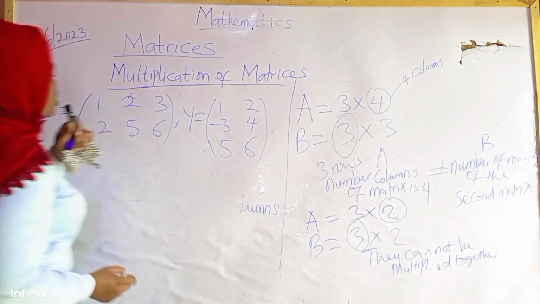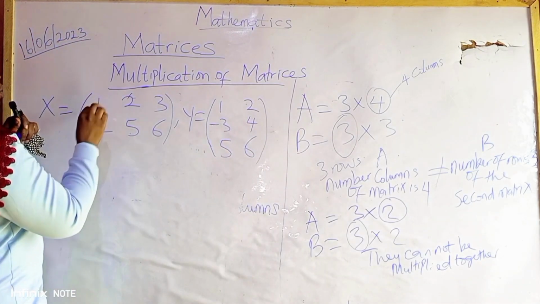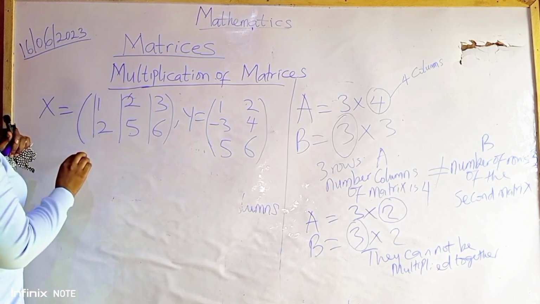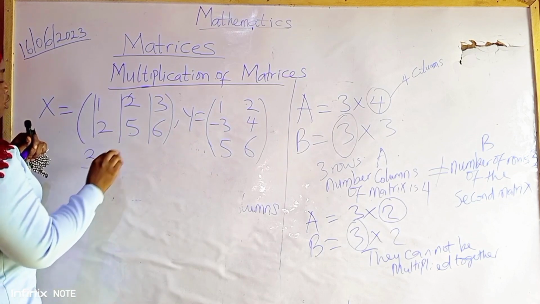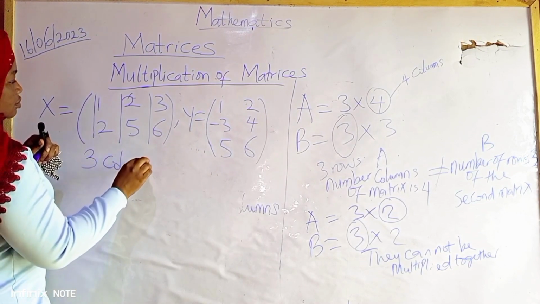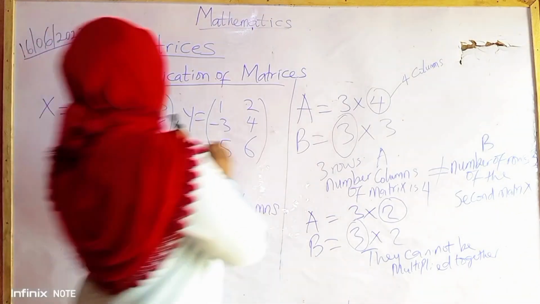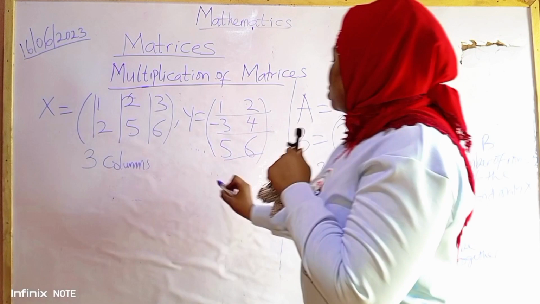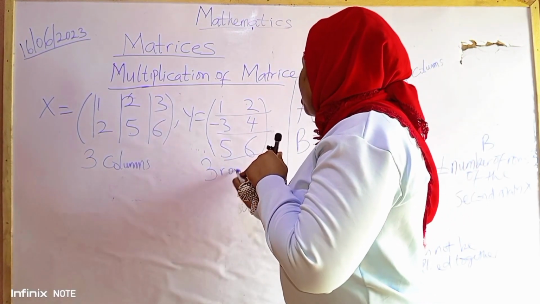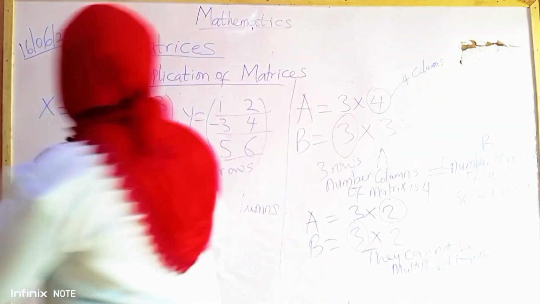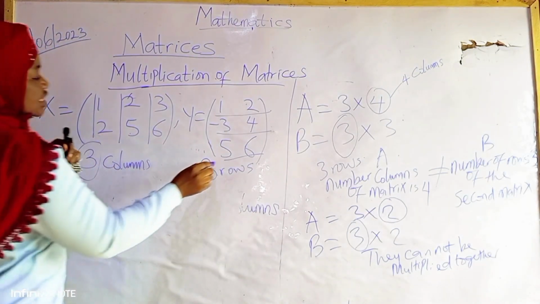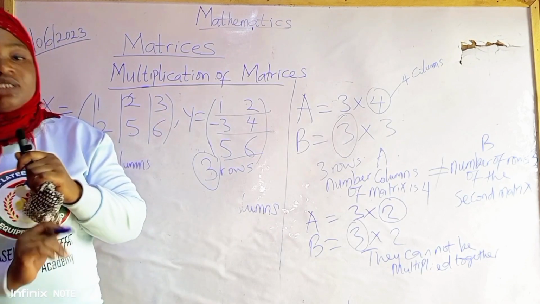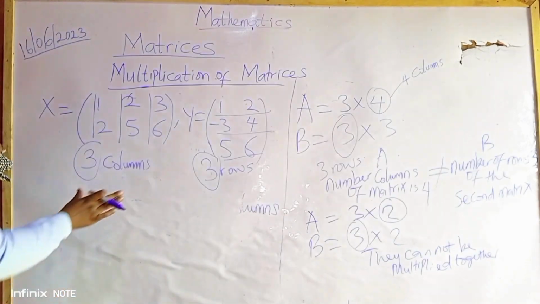The first thing you are going to check is what is the column of this one? 1, 2, 3. It has 3 columns. Now, what is the rows of this one? 1, 2, 3. So this one has 3 rows. Since the number of columns here is the same as the number of rows of this one, then I can go ahead and multiply them together. So that is how to check.